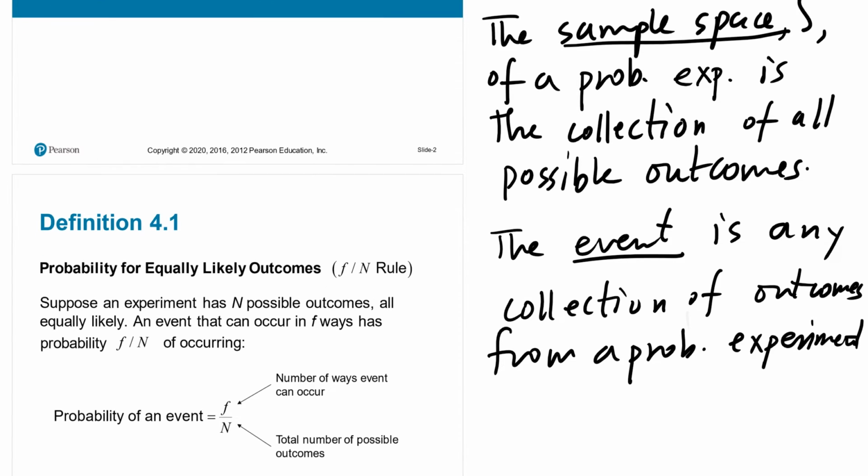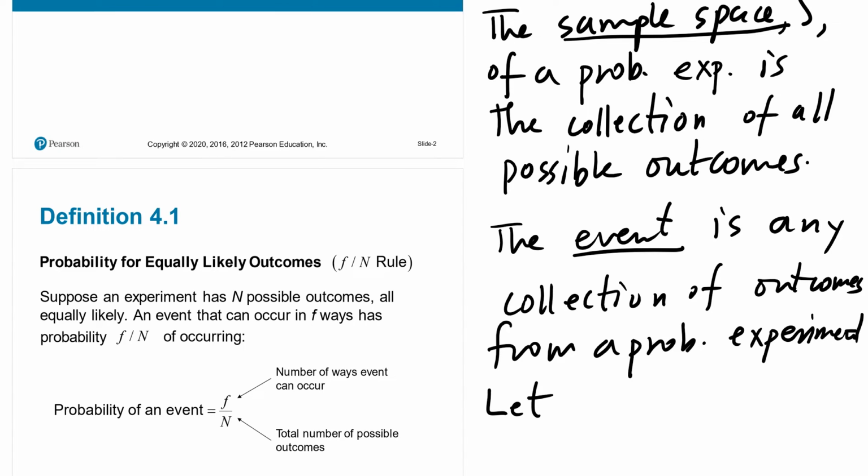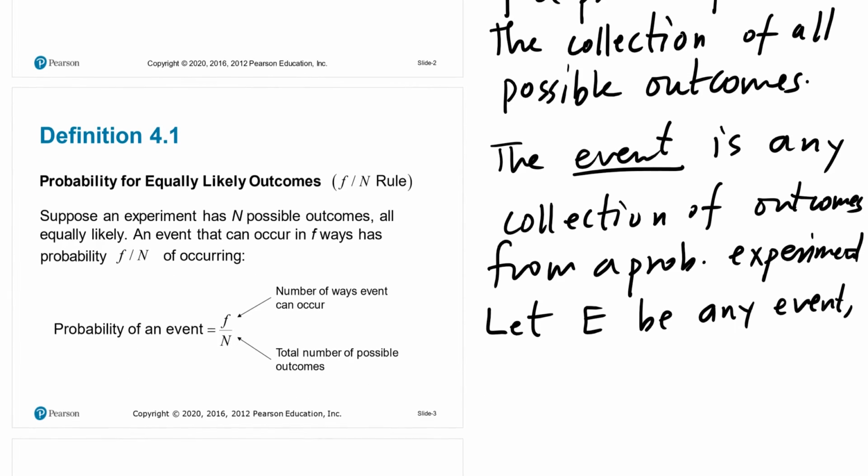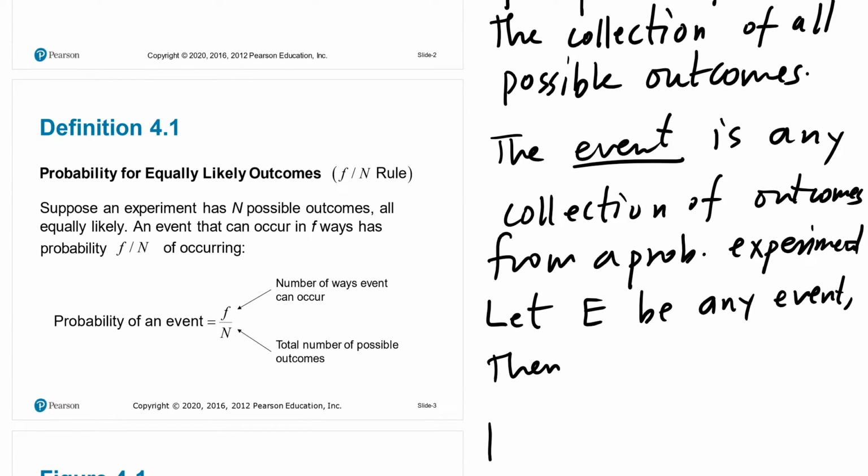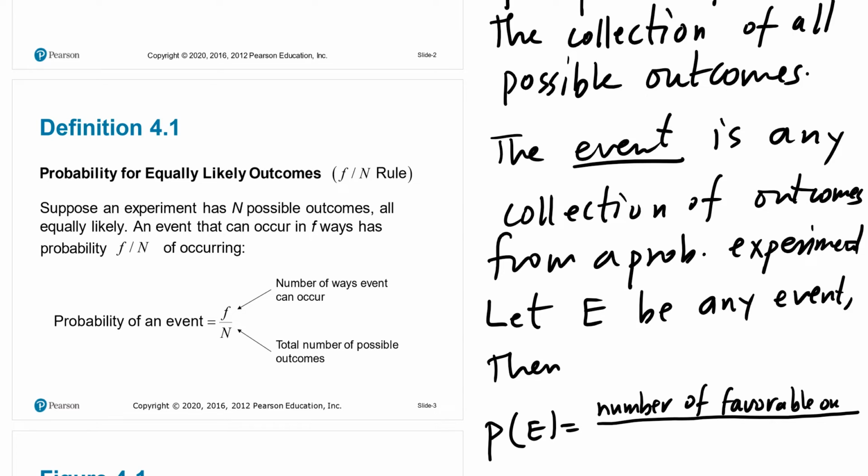So in general, if we let E be any event, then what is the probability of E? The probability of E is defined as the number of favorable outcomes divided by the total number of outcomes.